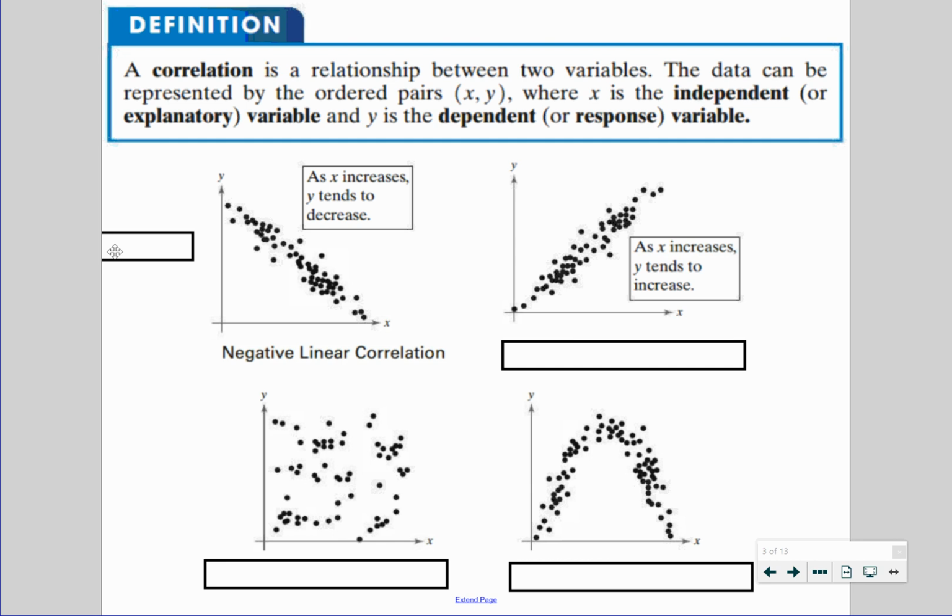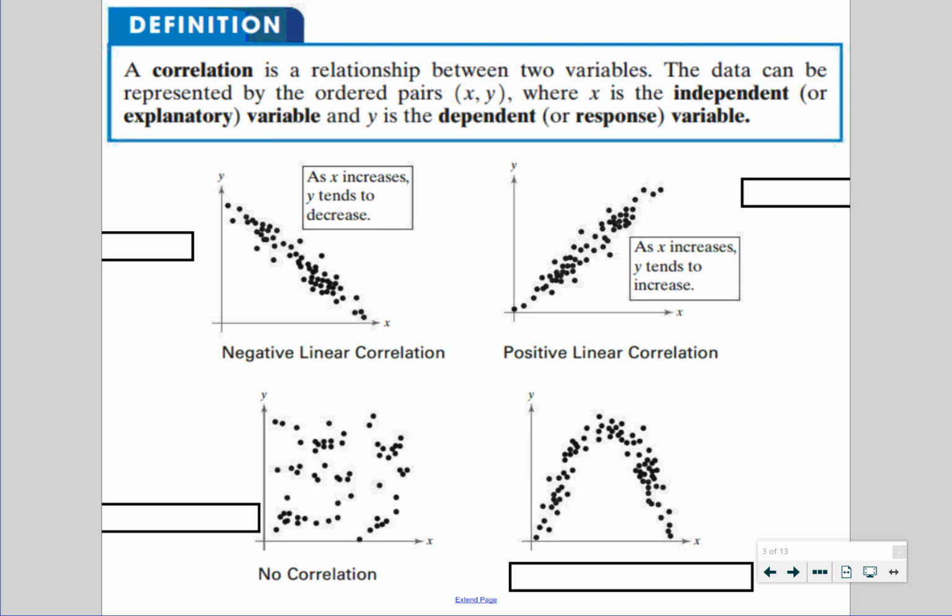If one variable goes up as the other goes up, our graph will look like it's increasing from left to right, and we say that is a positive linear correlation. If our data is all over the place and we can't use any sort of line or curve to describe the trend, we say that there is no correlation in the data, the one on the bottom left there.